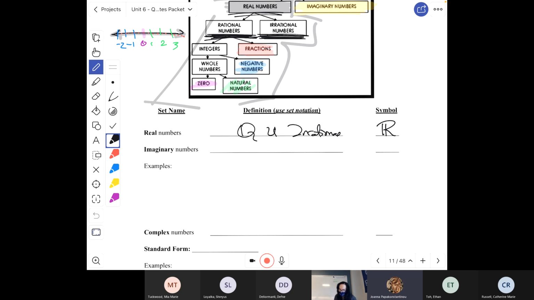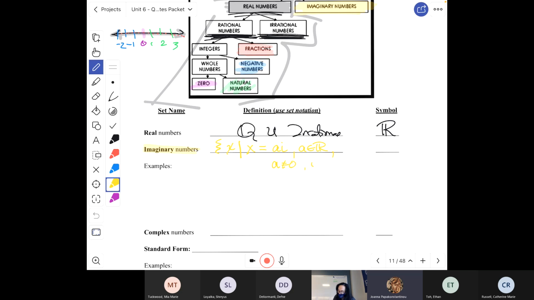In contrast to my real numbers, I have imaginary numbers. Now, imaginary numbers are not real. The way you want to represent imaginary numbers using set builder notation, it's going to be the set of all values x such that x equals ai, where a is just a real number, an element of the reals. a cannot equal 0, or else I have x equals 0, because anything times 0 is 0.